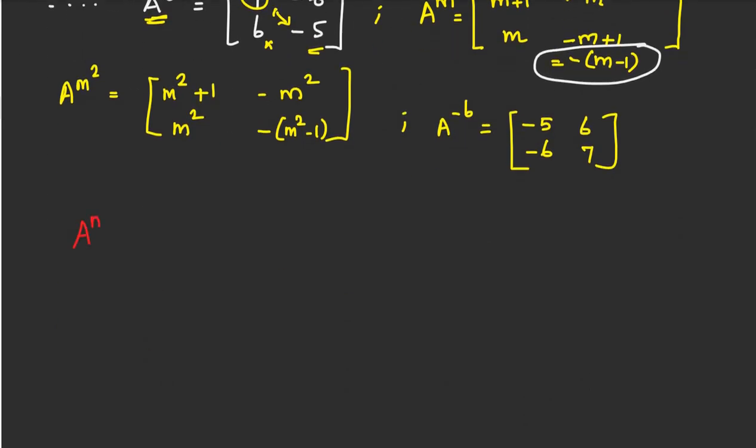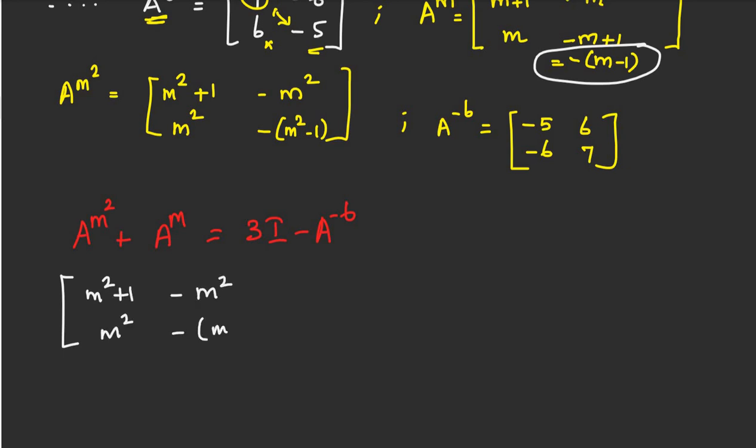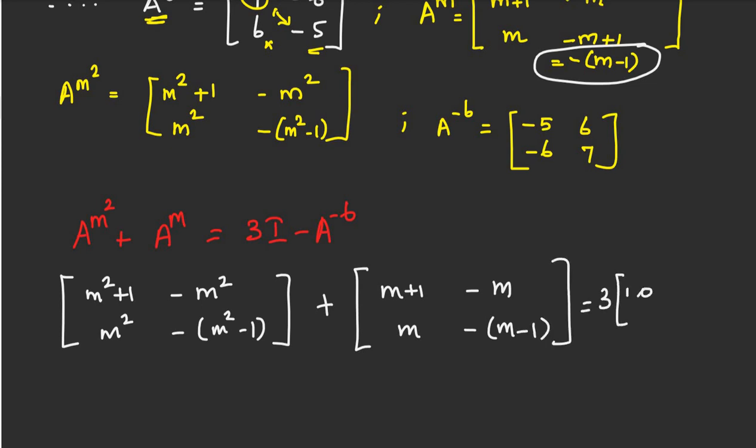Therefore, a power m square plus a power m is equal to 3i minus a power minus 6 can be written as, this will be equal to a power m square is m square plus 1 minus m square and minus of m square minus 1 plus a power m can be written as a power m, which is m plus 1 minus m and minus of m plus m minus of m minus 1. Now the right hand side is equal to 3 into I, 1001, minus a power 6, a power minus 6, minus 5, 6, minus 6 and 7.